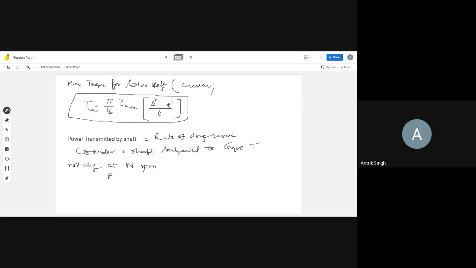So power will be equal to torque multiplied by 2 pi N upon 60.